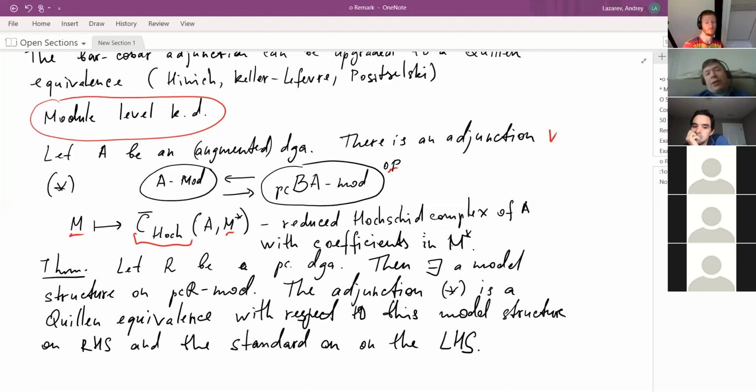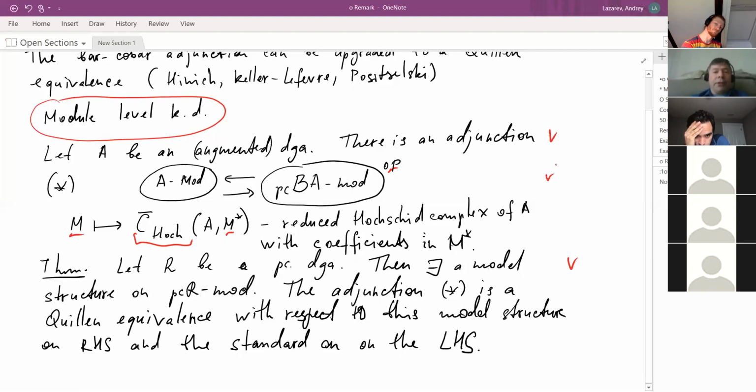The other functor is actually simpler, but maybe not as traditional as this one. And we have a theorem, which says that if R is a pseudo-compact DGA, then there is a model structure on the right-hand side.